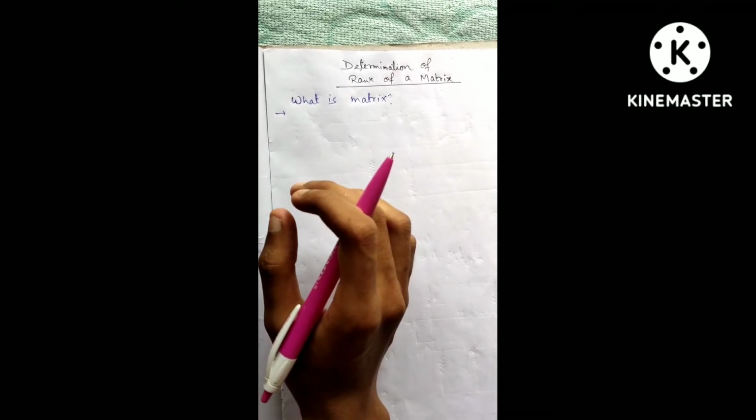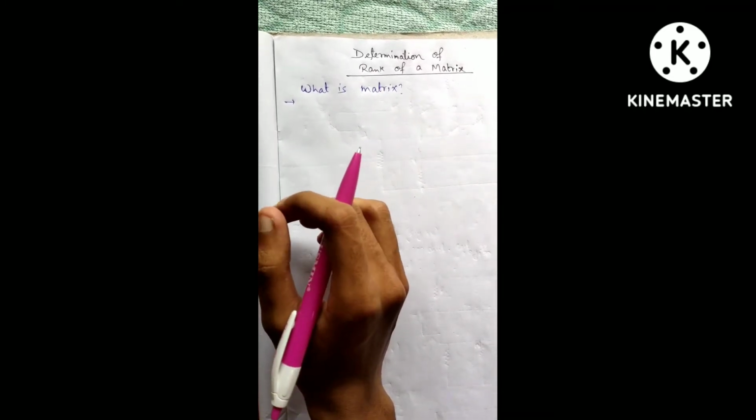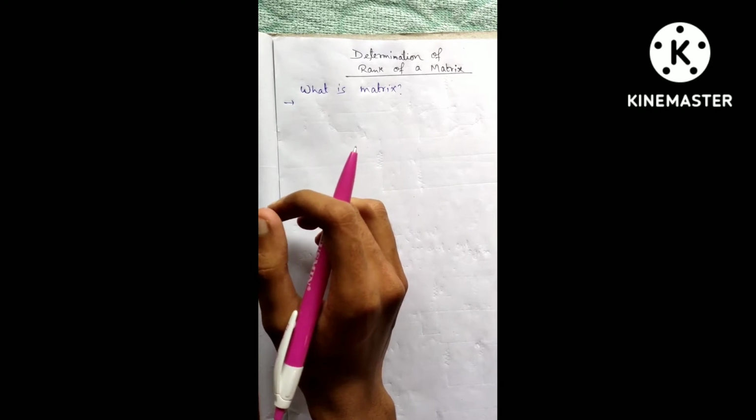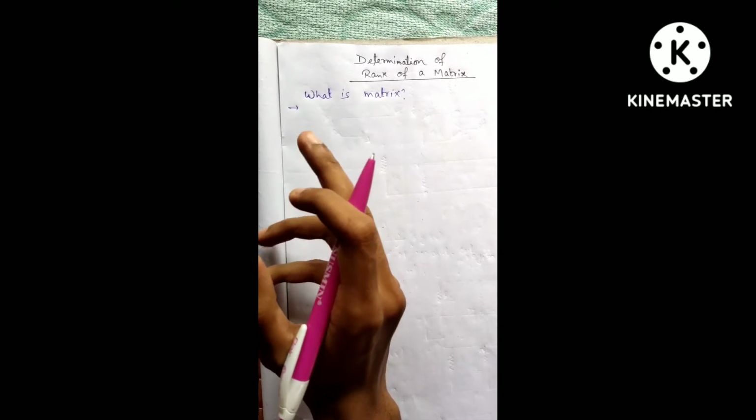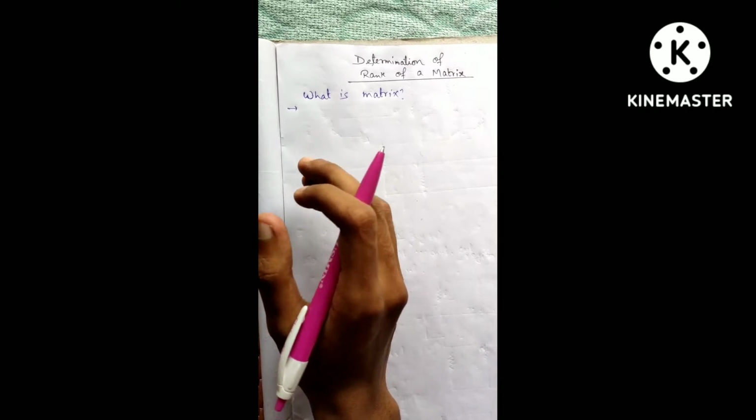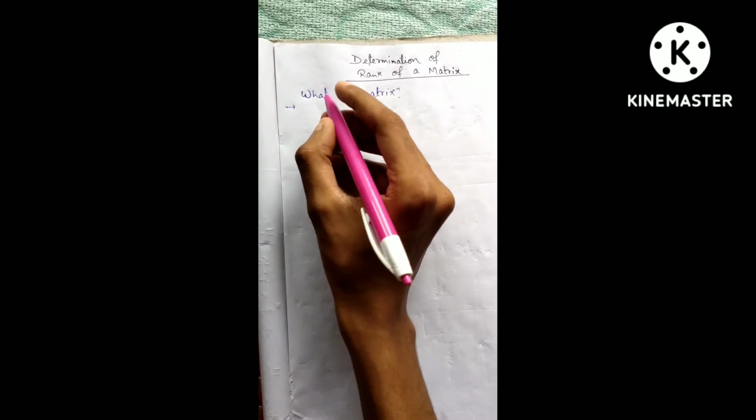For that case, we take the help of an arrangement or a sequence of the numbers that is called a matrix.